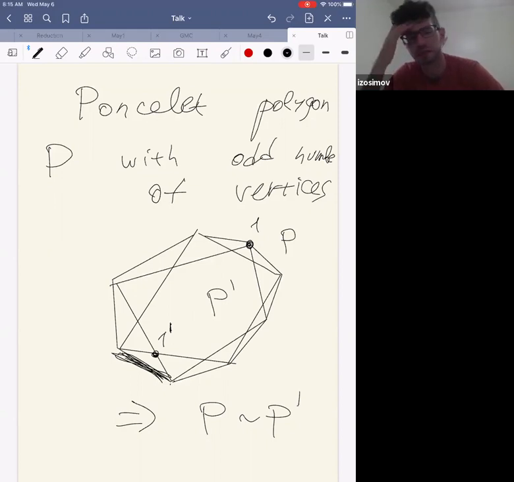In the even case, it turns out that P prime is projectively equivalent to the dual of the polygon P. But in this talk, we'll only be interested in polygons with an odd number of vertices. This is the case when this result is the most simple and the most natural one. So this theorem of Schwartz is a natural generalization of Clebsch's result, provided that we regard these Poncelet polygons as some kind of generalized pentagon.